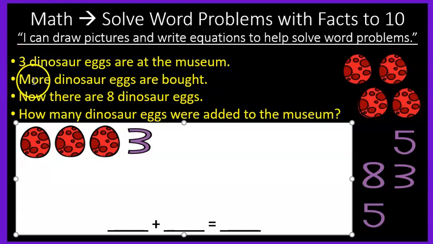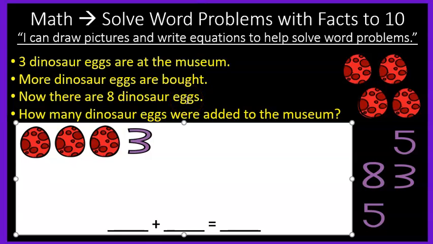Now let's read the next line because we're done with the top one. Let's read it together. More dinosaur eggs are bought. Okay? So there's going to be some more dinosaur eggs we have to put here. We don't know how many yet because we have to keep reading. Let's read this part. Now there are 8 dinosaur eggs.